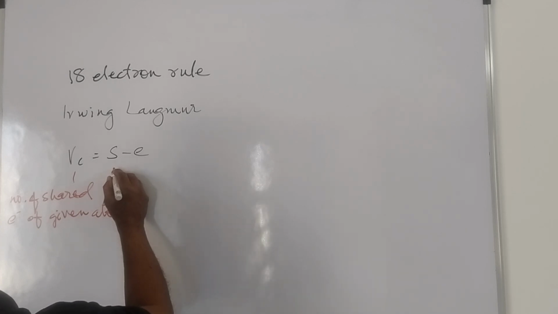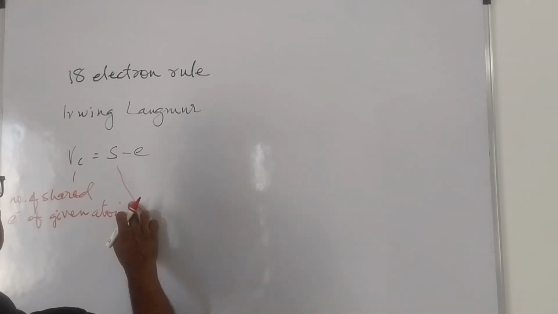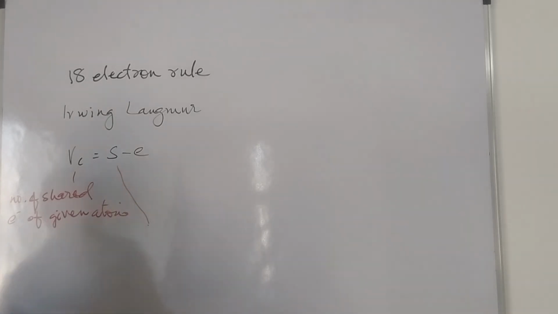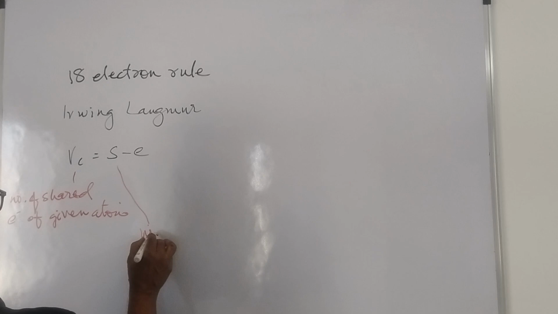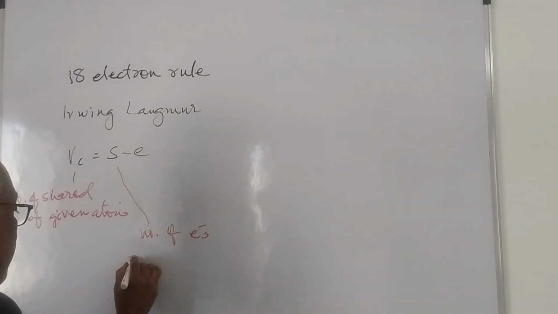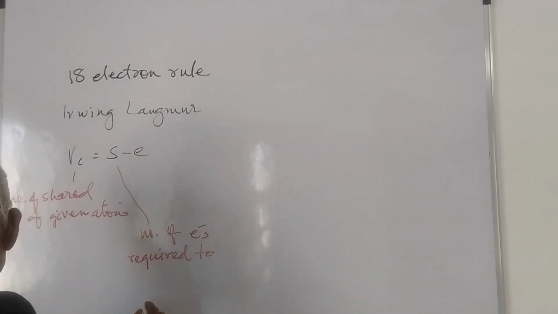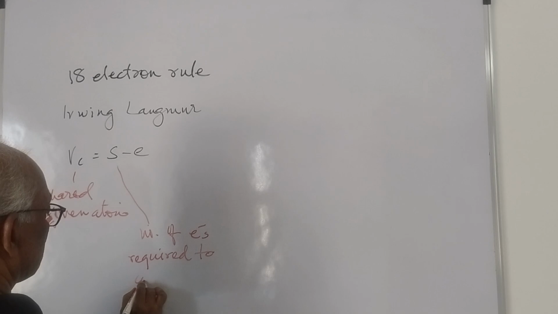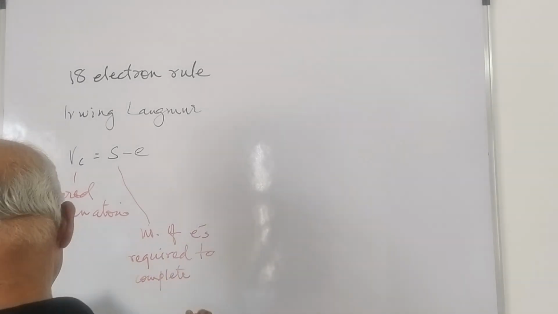Now this S is the capacity, that is, the number of electrons required to complete the outer shell, that is the valence shell.